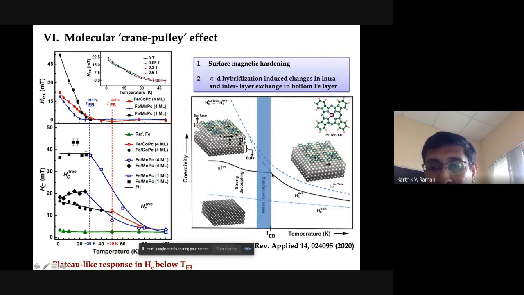But at some low temperature, the surface layer becomes magnetically stable. In a way, it becomes so hard that it's able to stabilize independently and have a very high switching field, whereas the bulk starts switching at a lower field and gives rise to what is called the exchange bias effect, as we observe in our devices.